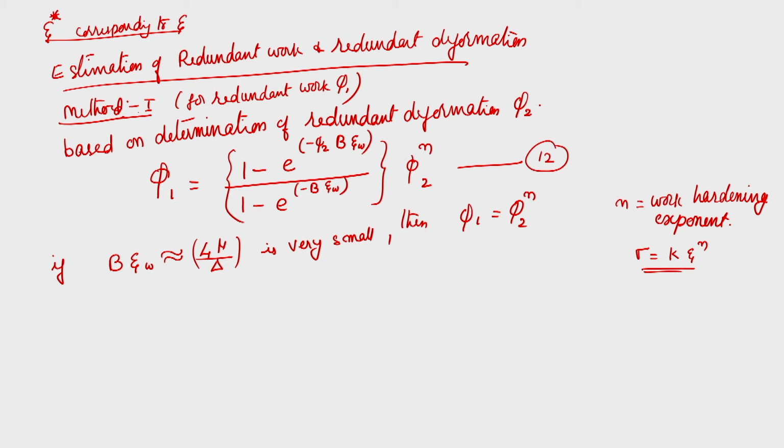So, you should understand the difference between phi 1 and phi 2. Phi 2 is termed redundant deformation. It is not the redundant work, it is redundant deformation, to distinguish it from phi 1.